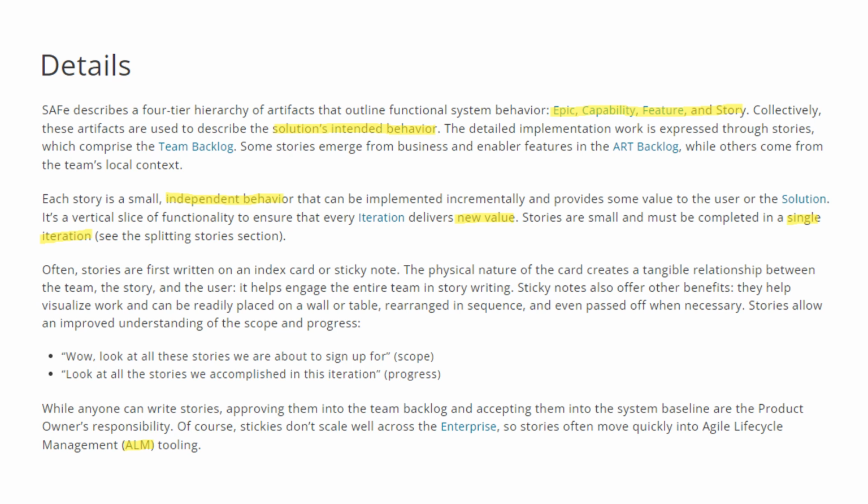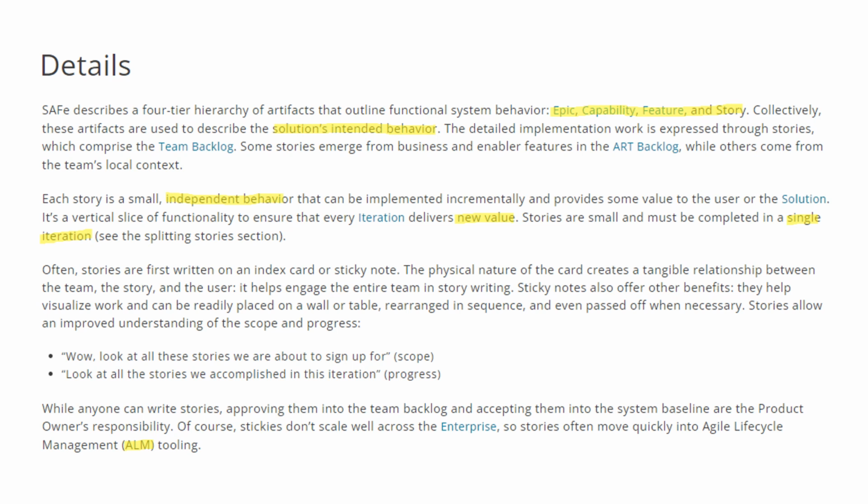Collectively, these artifacts are used to describe the solution's intended behavior. The detailed implementation work is expressed through stories, which comprise the team backlog. Some stories emerge from business and enabler features in the ART backlog, while others come from the team's local context.